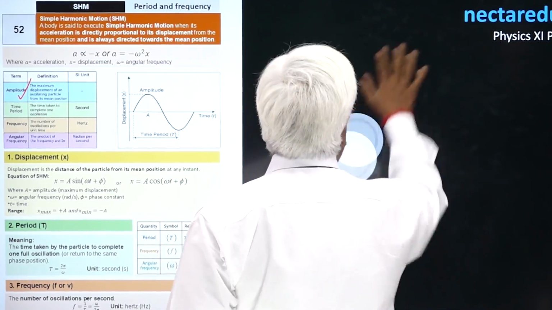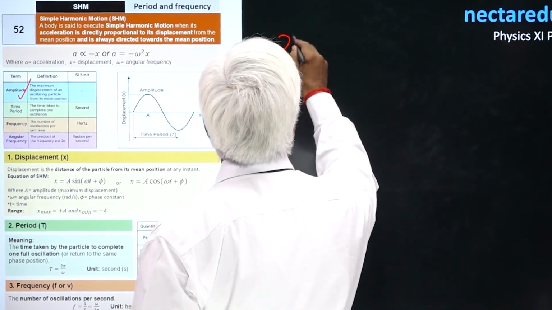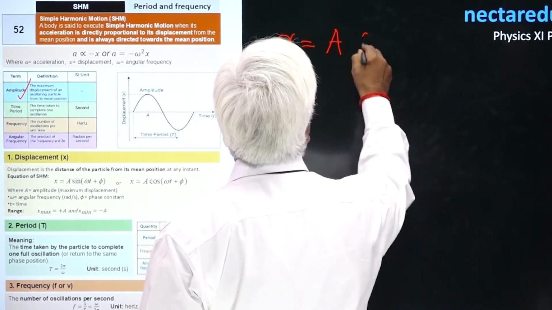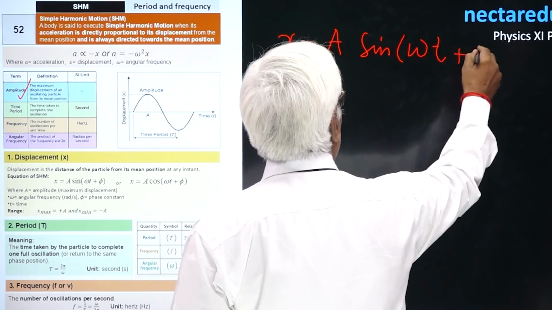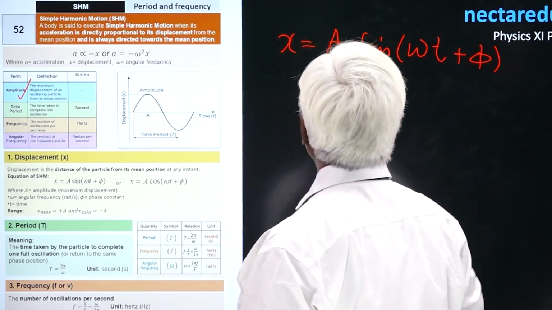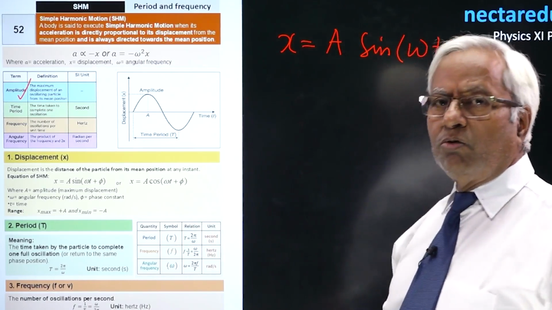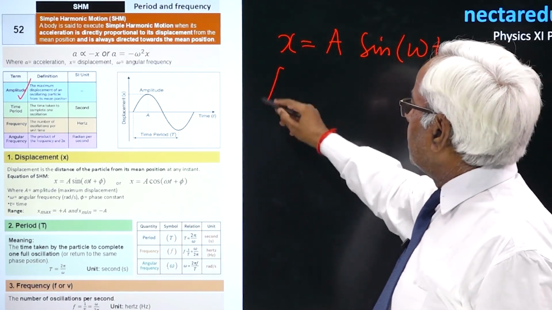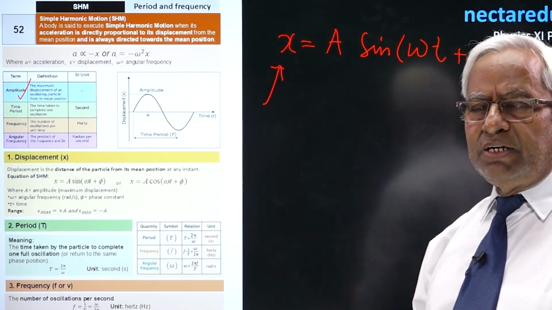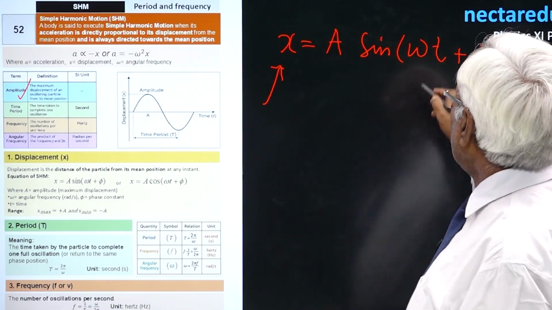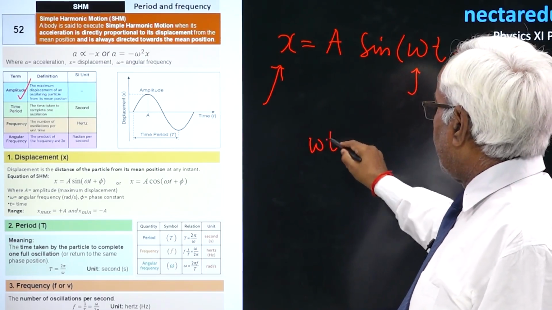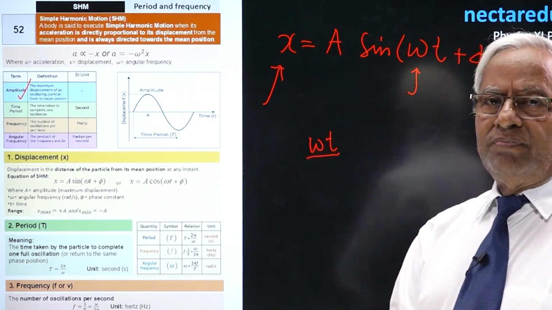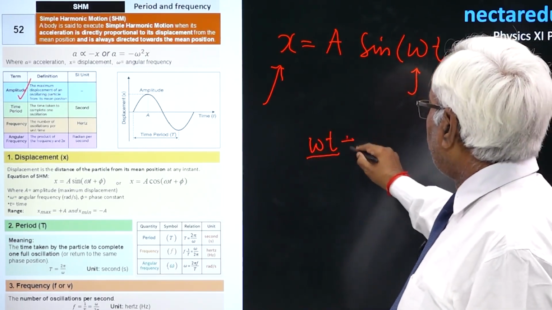You see, SHM is always represented by an equation in which sine or cos functions are involved. Here in place of sine, you could use cos also. X is the displacement at a particular time t starting from mean position. Omega is the angular velocity. Omega t plus phi is known as the phase.